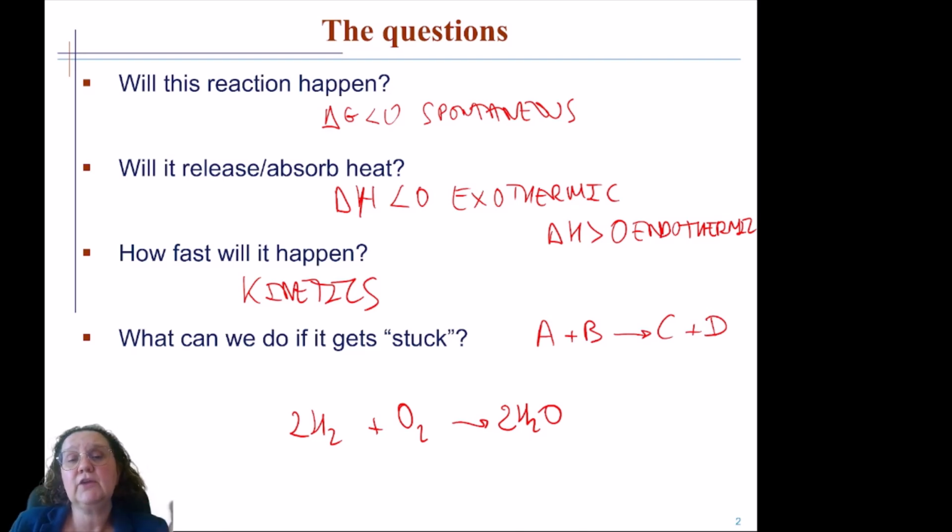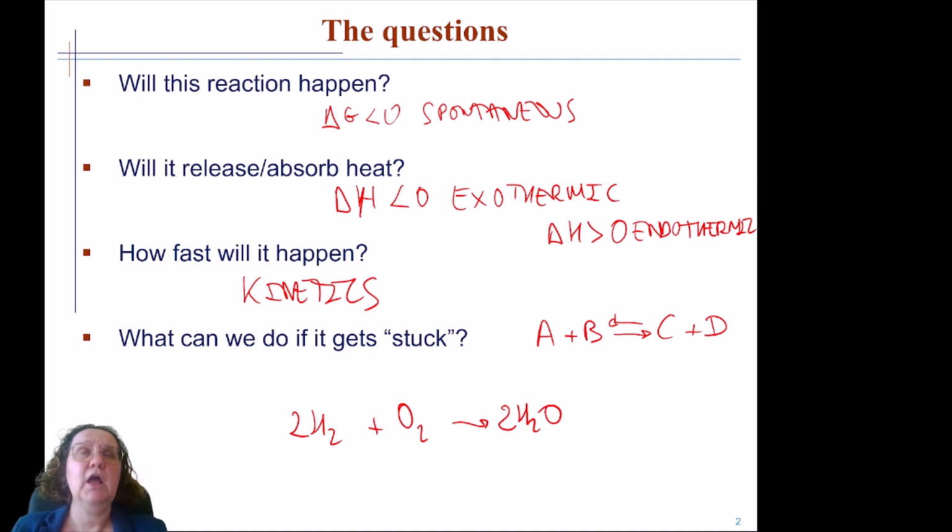So A and B react to give you C and D. What happens if at some point in the reaction C and D start reacting back to give you A and B? So A and B are reacting to give you the products, and the products C and D are reacting between themselves to give you the reagents A and B. That's what I mean when I say a reaction gets stuck.